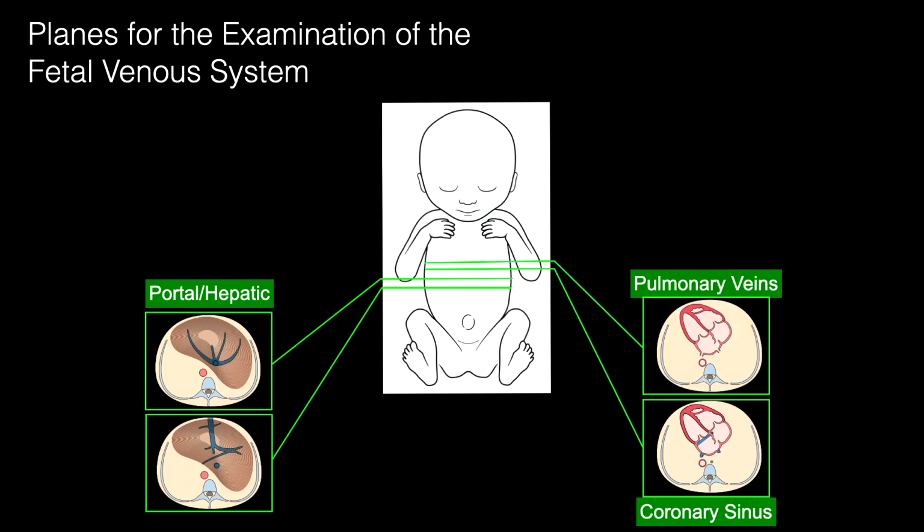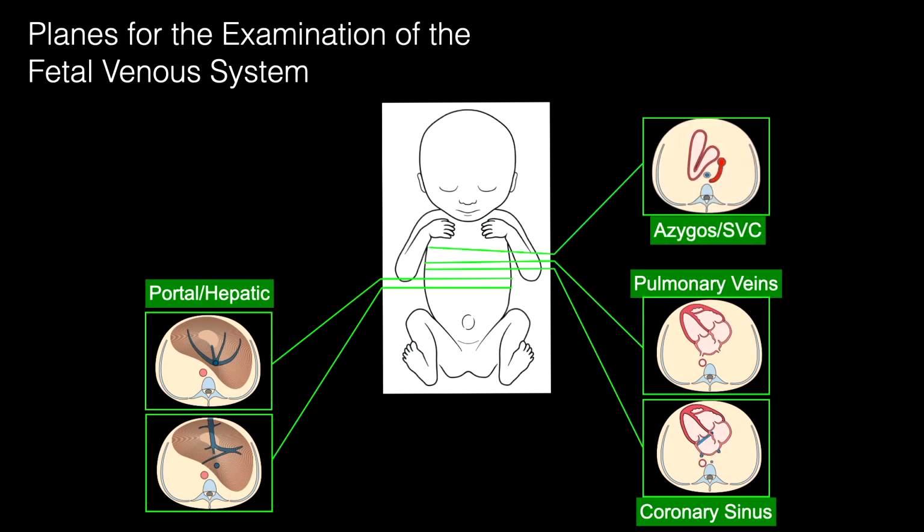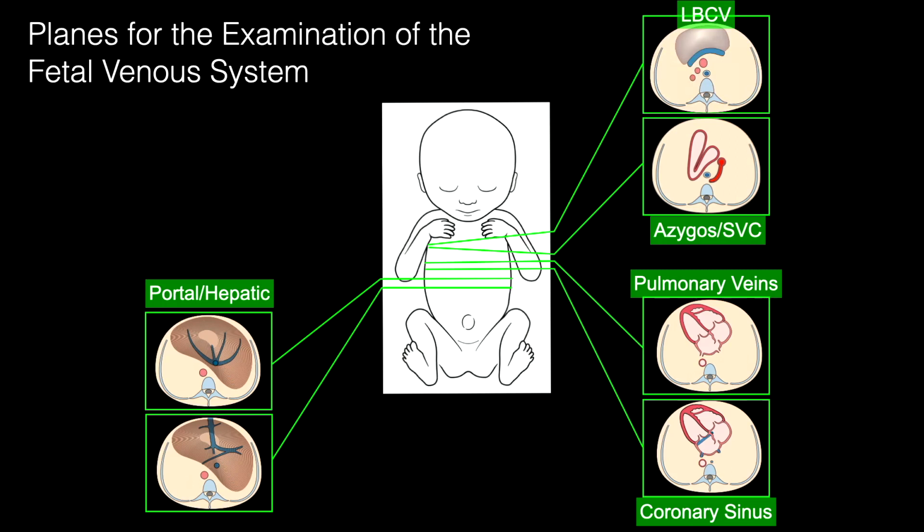The pulmonary veins, as you know, are evaluated at the level of the four-chamber view, especially the two inferior ones. The azygous and the superior vena cava are evaluated at the level of the three-vessel trachea view. And the left brachiocephalic vein, as I've shown you yesterday during the presentation, the scanning, is a plane that is slightly higher up in the mediastinum, but still transversely.